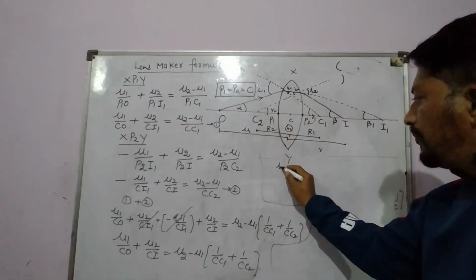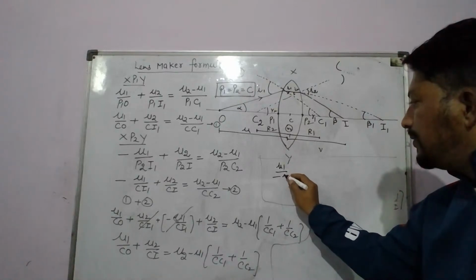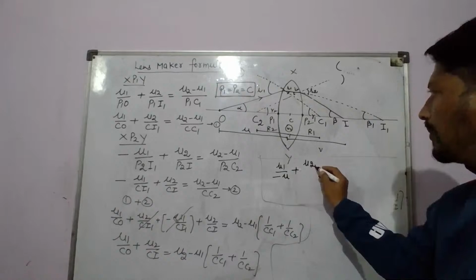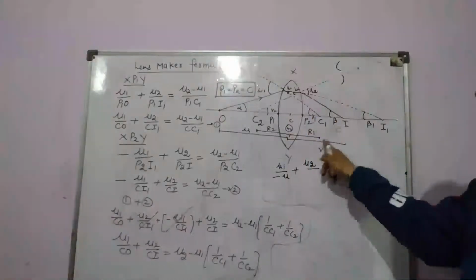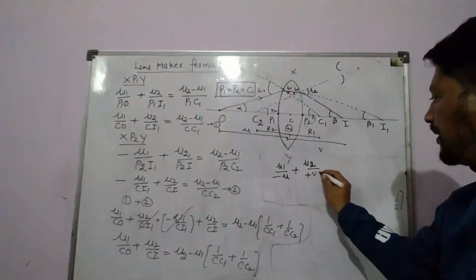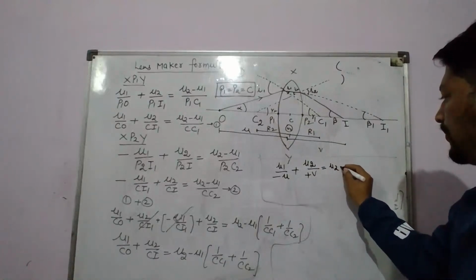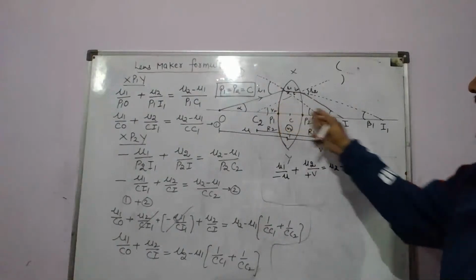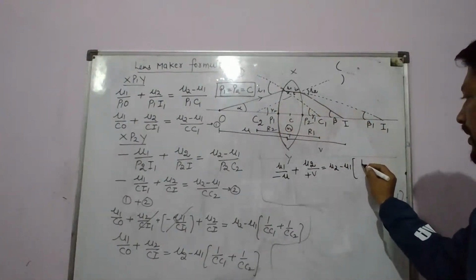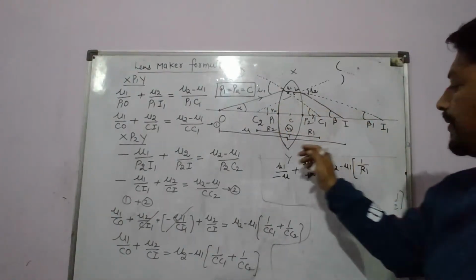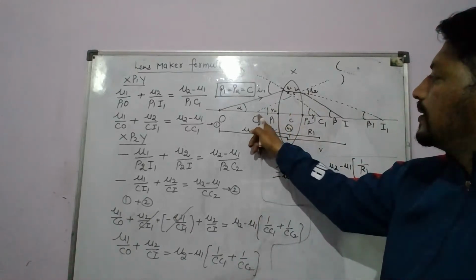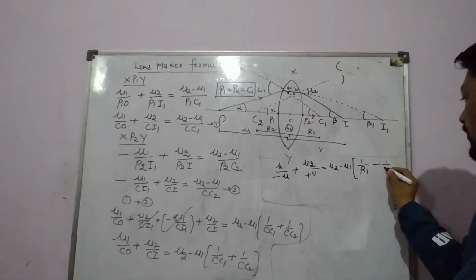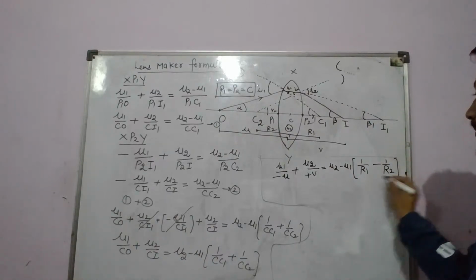So mu1 upon minus u plus mu2 upon ci, that is plus v, is equal to mu2 minus mu1 times 1 by cc1, the same direction as the incident ray, so we take r1, plus 1 upon cc2. cc2 is in the opposite direction of the incident ray. That's why we write here minus 1 by r2.